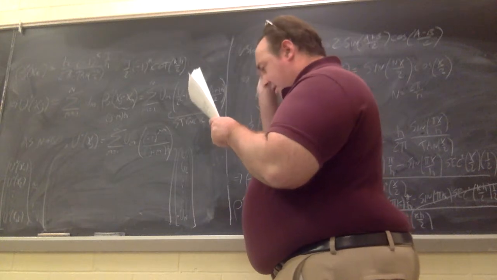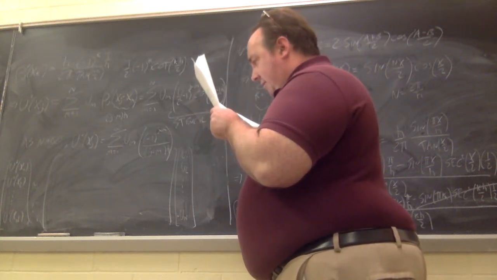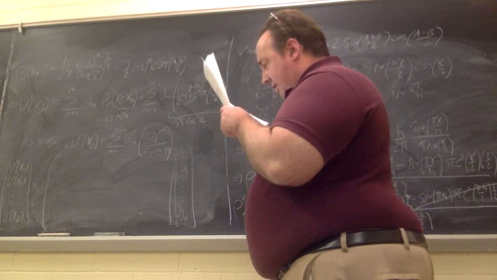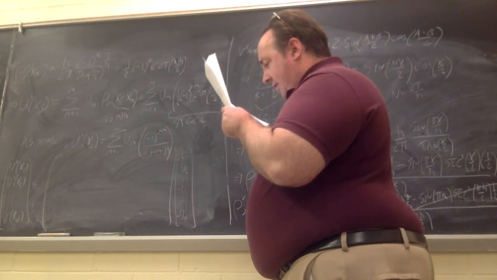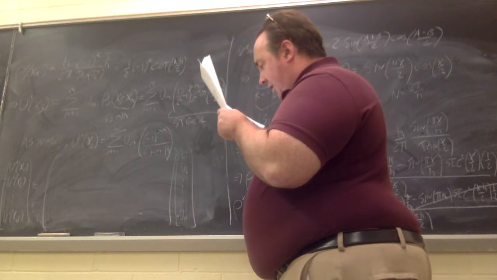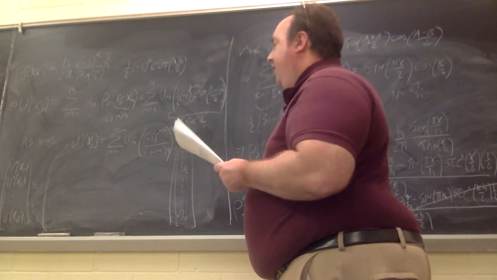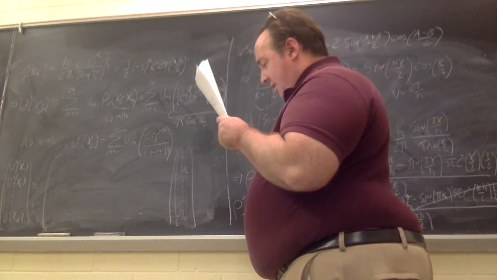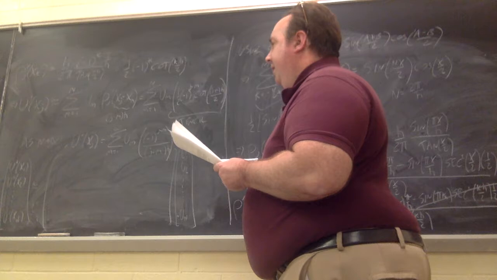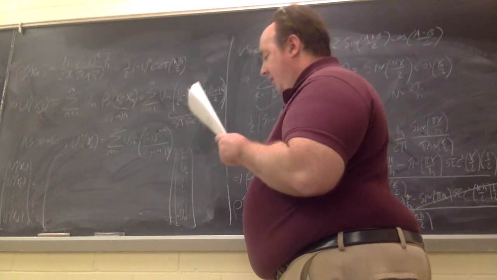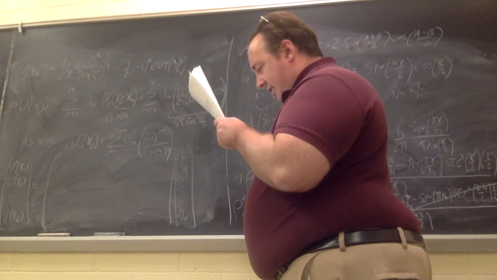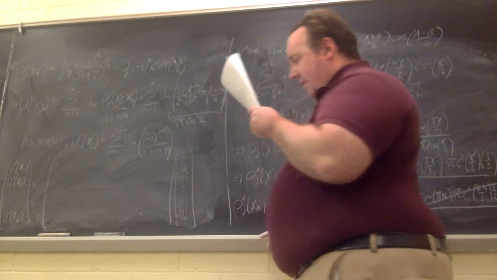Something seems off here, because when k is equal to 0, cotangent of 0 is cosine over sine. That's undefined.